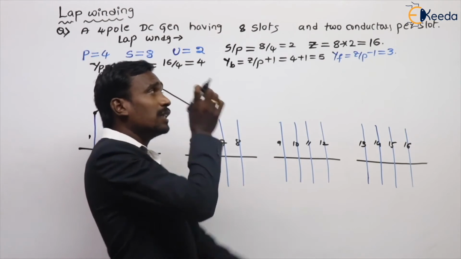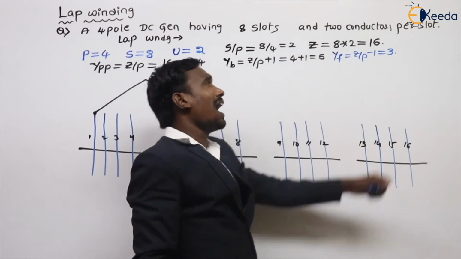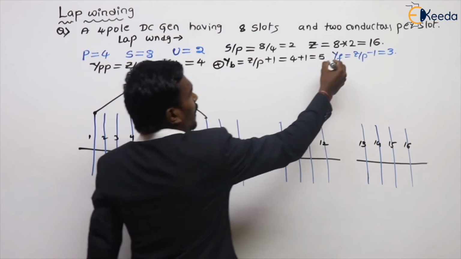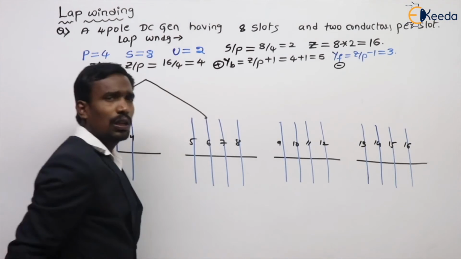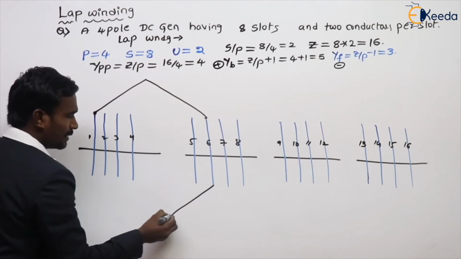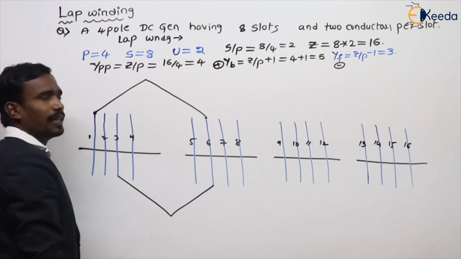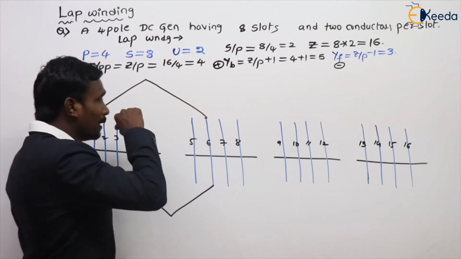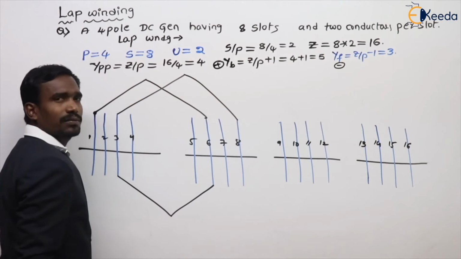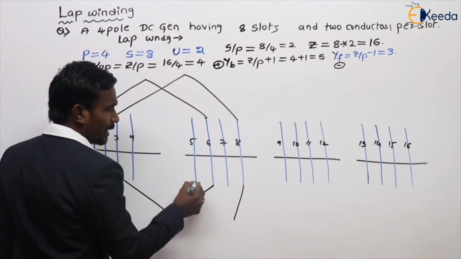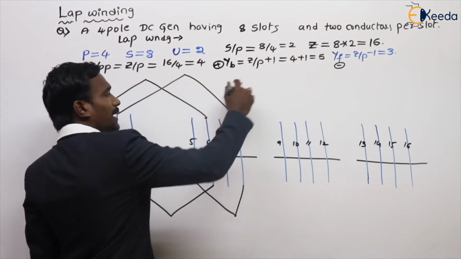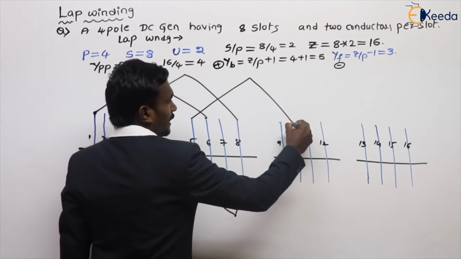And front pitch is 3. I said to you that back pitch is positive and front pitch is negative. So 6 minus 3 is equal to 3. And 3 plus 5 is equal to 8, and 8 minus 3 is equal to 5, and 5 plus 5 back pitch, 10.